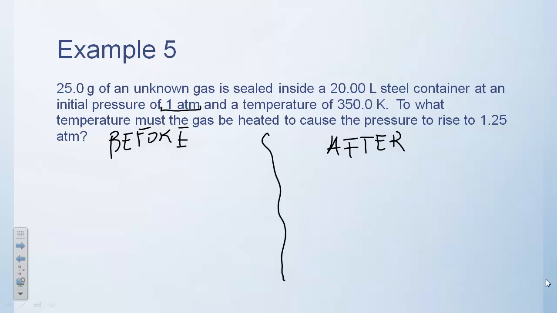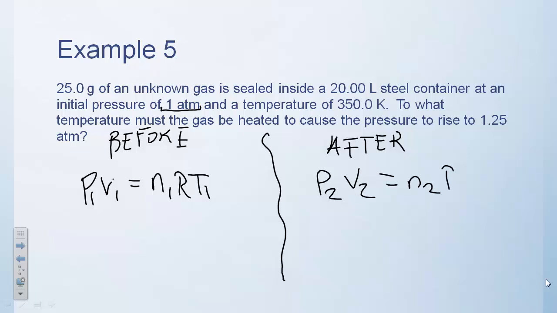So we say, P1 V1 is equal to N1 R T1, and over here, P2 V2 is equal to N2 R T2. Notice I didn't put an R1 and R2 because the gas constant is constant regardless of what temperature or pressure conditions we're at.